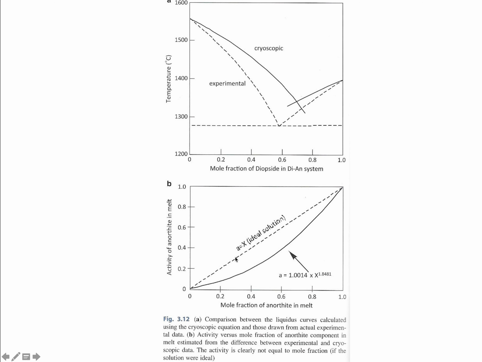The dashed line is the ideal solution, how it should be. And that is what we are getting from our different experimental and gyroscopic calculations. I showed you this in the diagram before as well.